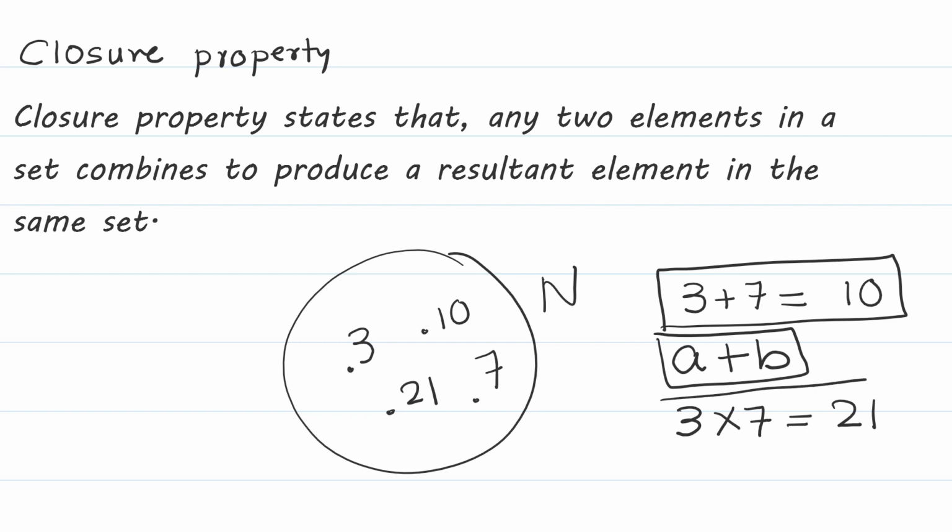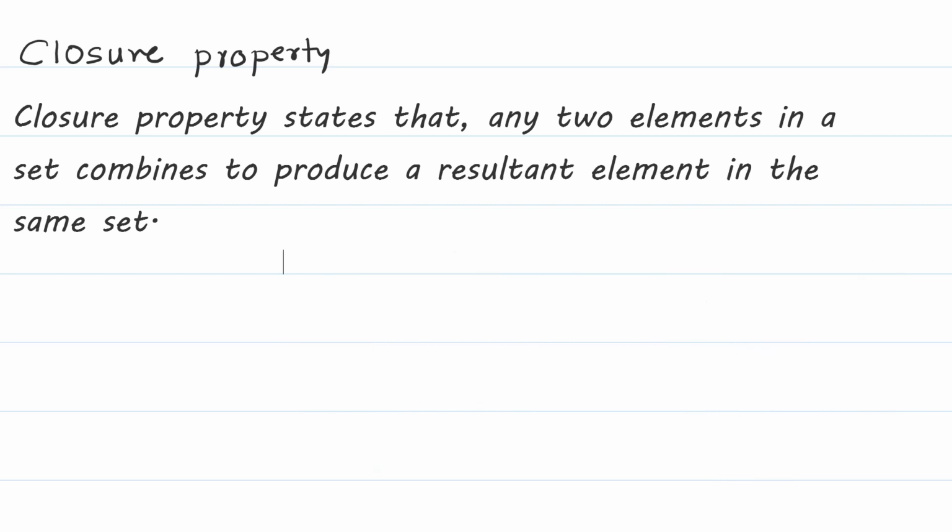So, closure property of multiplication of natural numbers is, if A and B are two natural numbers, then their product is always natural. Now, closure property of rational numbers.